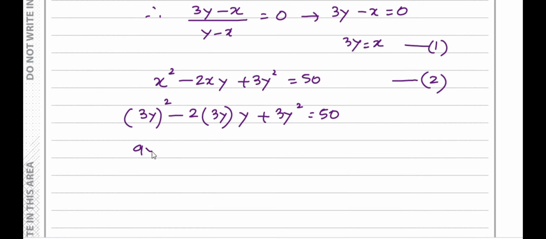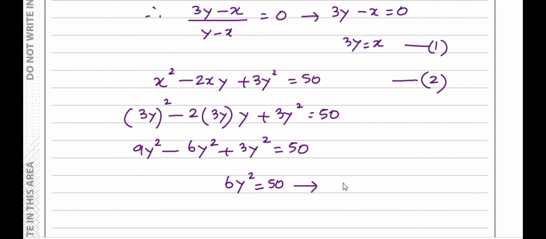This is 9y squared minus 6y squared plus another 3y squared is equal to 50. So 9 minus 6 is 3, 3 plus 3 is 6. So 6y squared is equal to 50.